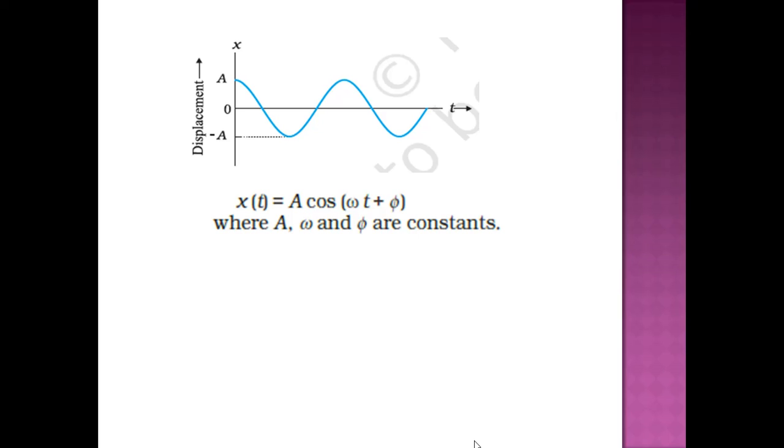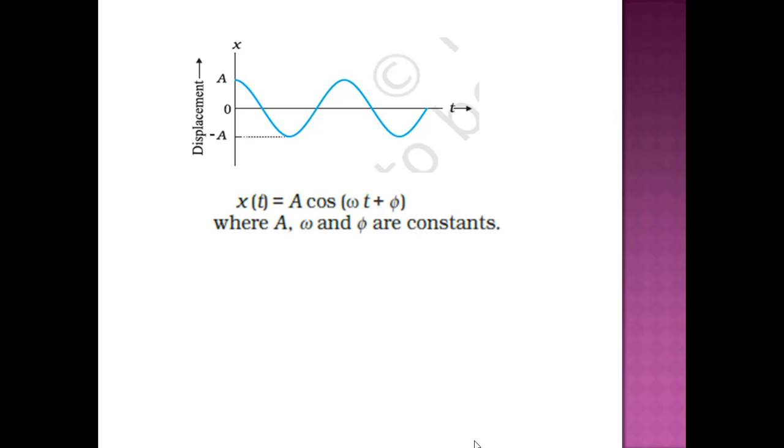Now here we have the representation of displacement versus time graphically as per the equation x(t) equal to A cos (omega t plus phi). It is a cosine function, and you know a cos function has its maximum value at 0. Cos 0 is 1.